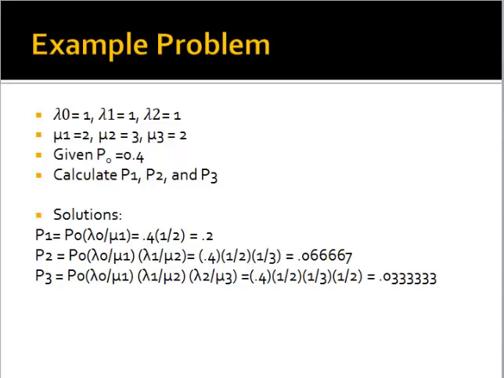Now we need to calculate the probability in state 1, state 2, and state 3. Using the equations shown earlier, we can find that the probability of being in state 1 is 0.2, the probability of being in state 2 is 0.0667, and for state 3 we have a probability of 0.033.